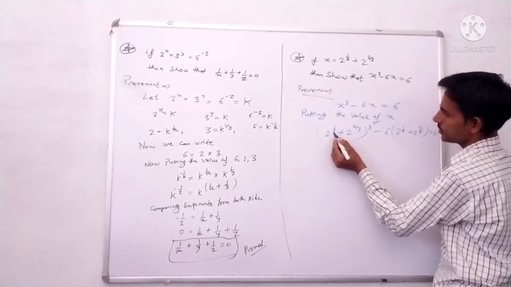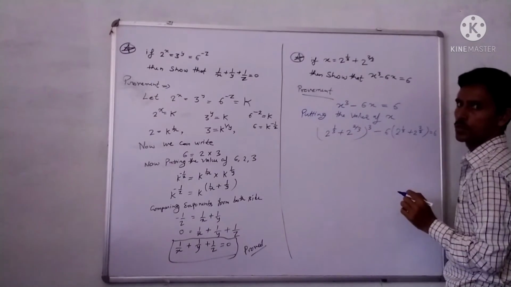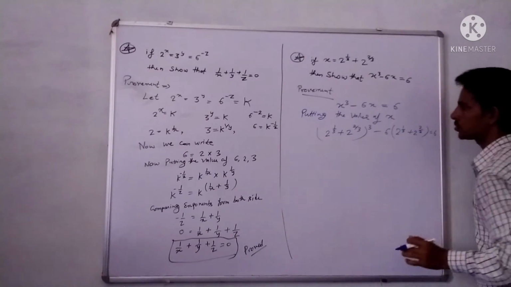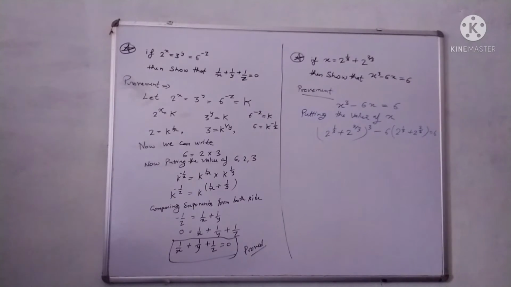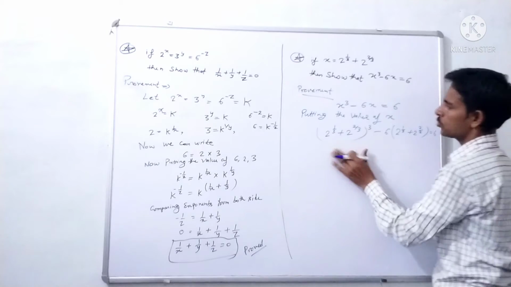Now here we are seeing that this is the first value, this is the second value, and this is a whole cube.